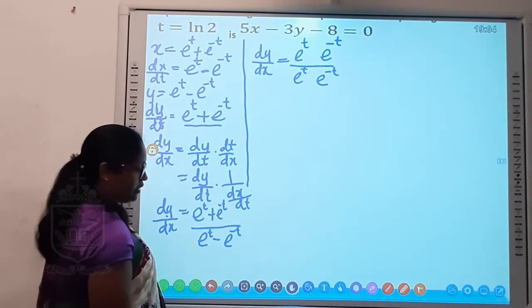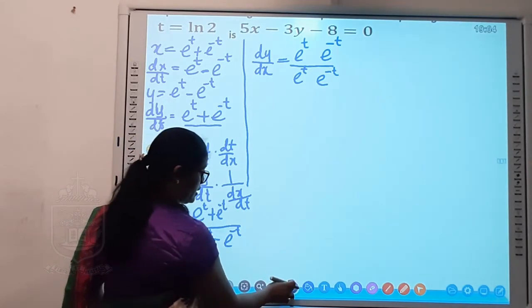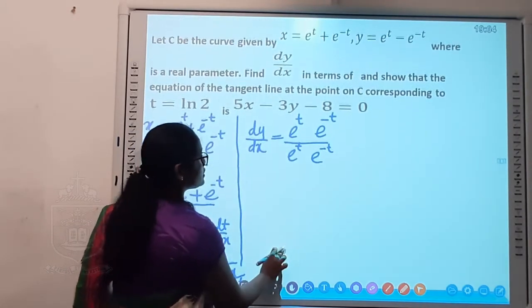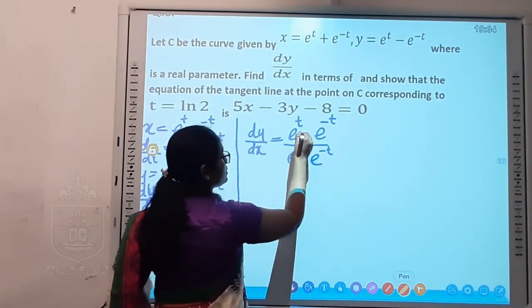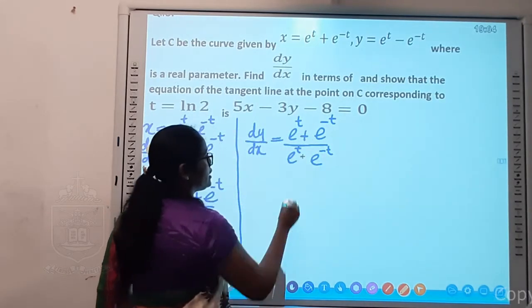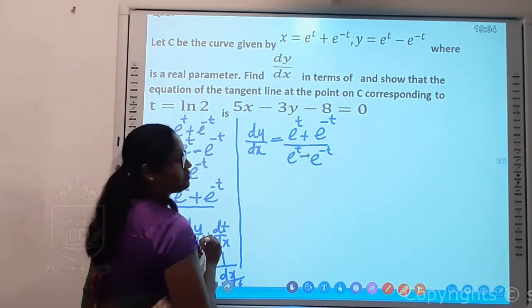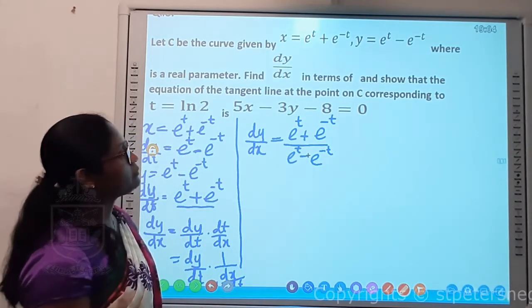In the numerator plus and in the denominator minus, right? So this is the dy over dx we found, and we will move to the next part.